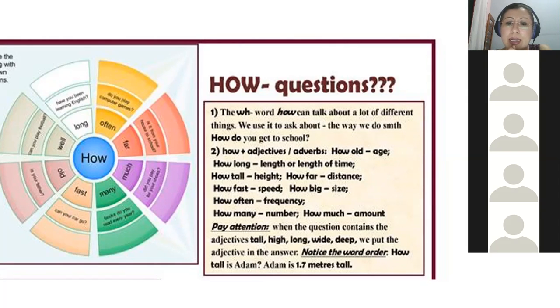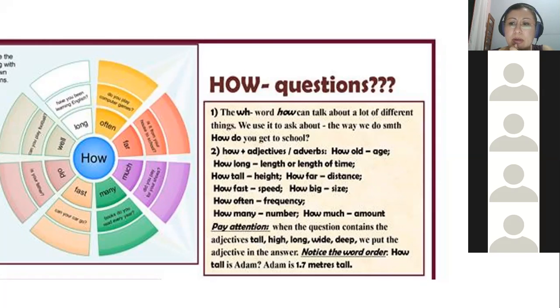How tall, en height, qué tan alto. How far, qué tan lejos. We are talking about the distance. How fast, we are talking about speed. Qué tan rápido. How big, we are talking about size. Qué tan grande.